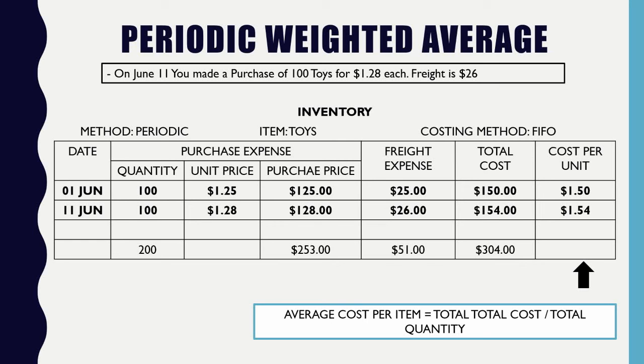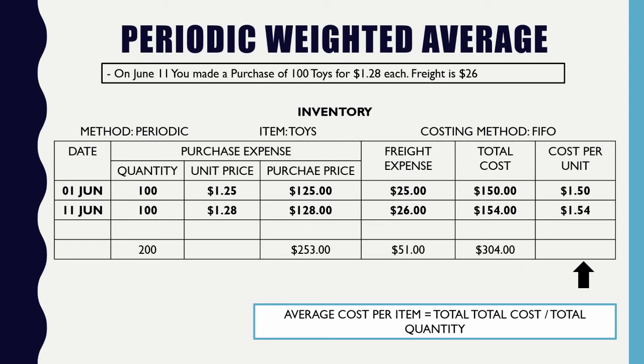So this is where your average cost per item is going to come into play, because now we've gathered up our grand totals for each column. And the numbers that we're supposed to be looking at here are the total cost and the total quantity. So we're going to take the total of $304 and divide it amongst 200 units.